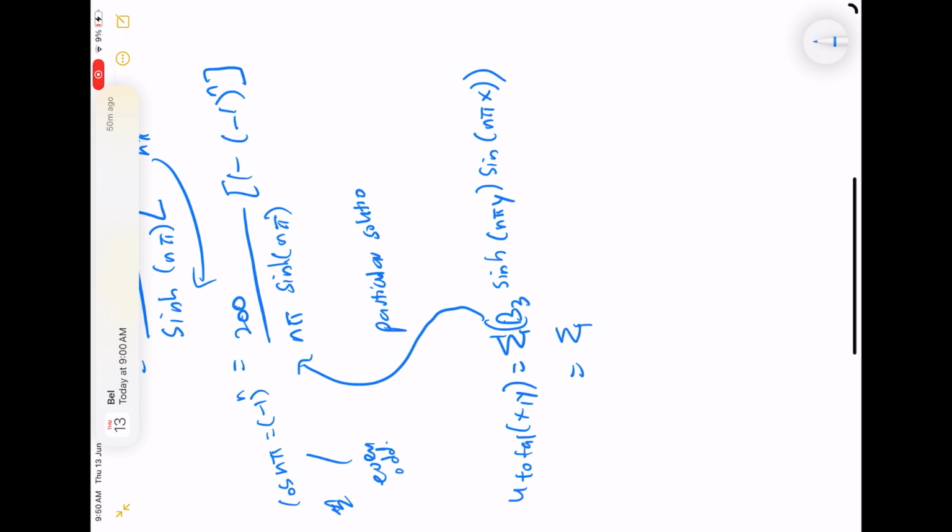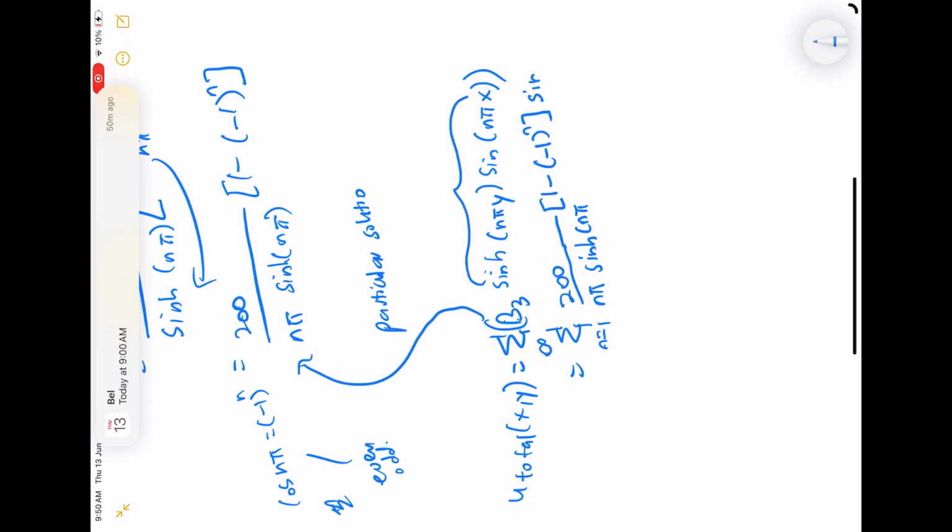So our b3 here is, copy again, 200 over n pi hyperbolic sine n pi, and then we have 1 minus negative 1 to the power of n, and then copy again this thing, sine n pi y multiplied by sine n pi x. Okay, done. This is the final answer.